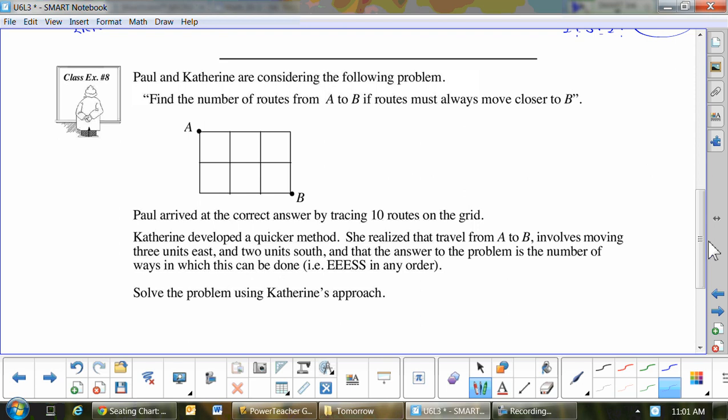So using common sense. A route, yes, this is a possible route, but that's a dumb way to do it. Why would you take that route? And if you're saying, well, there's a detour, maybe this road is out, well, then that changed the question. I still wouldn't go that way. I would go like this. So the rules are, you must always be getting closer to B.